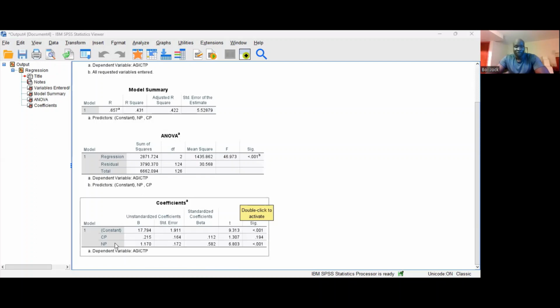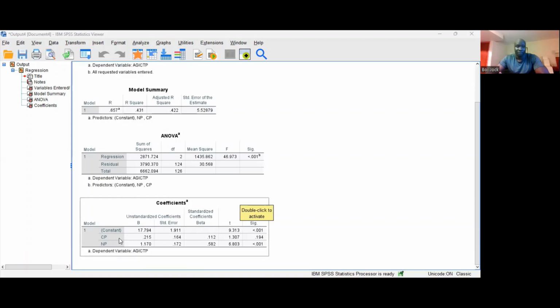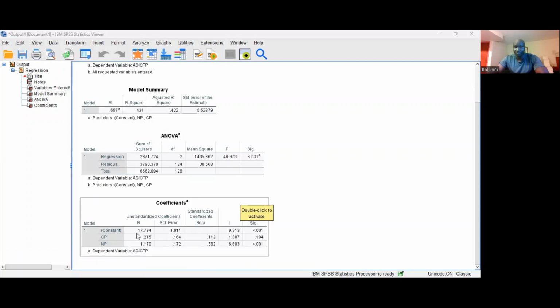And then we work out how to develop the formula. You're going to use y equals mx plus b. The y is the dependent variable, and the m values are these two numbers. For example, with NP, it would be y equals 1.170x plus the y-intercept, which is 17.794.